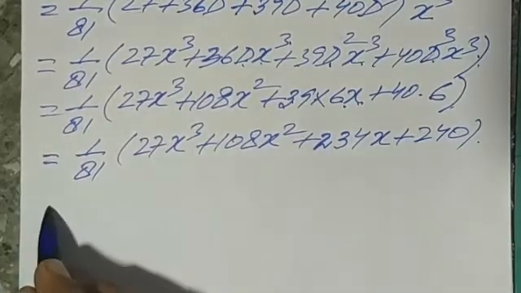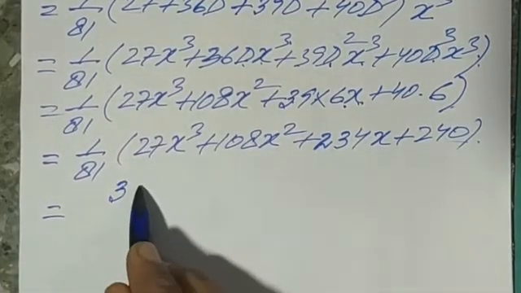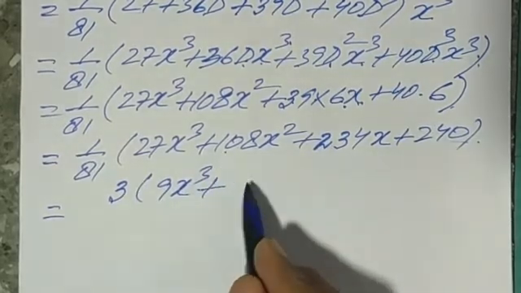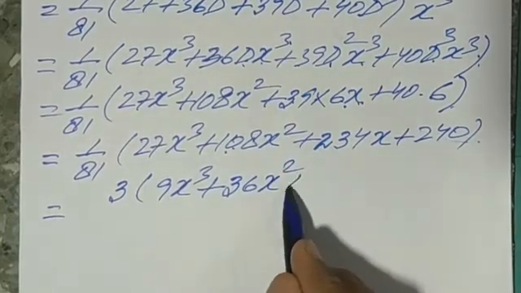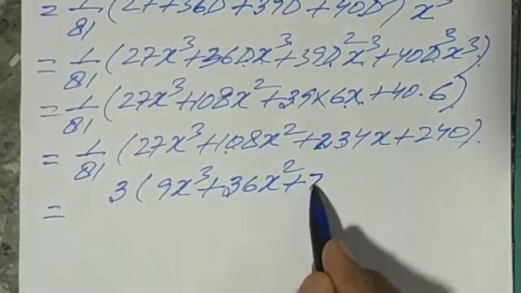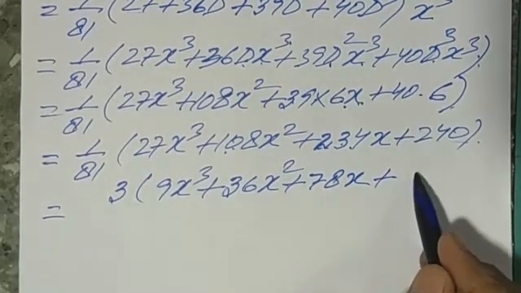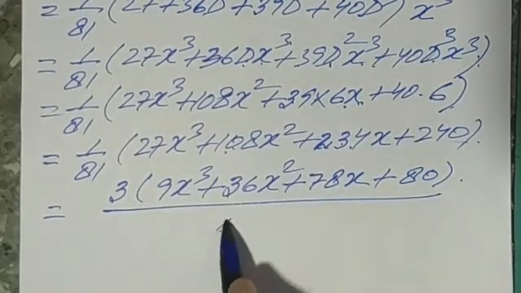Now taking 3 common out of these terms, we get 3 9x cube plus 3 3s are 9, 3 6s are 18 x square plus 3 7s are 21 and 3 8s are 24, 78x plus 80 upon 81.